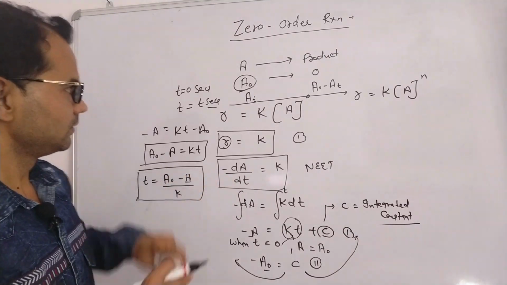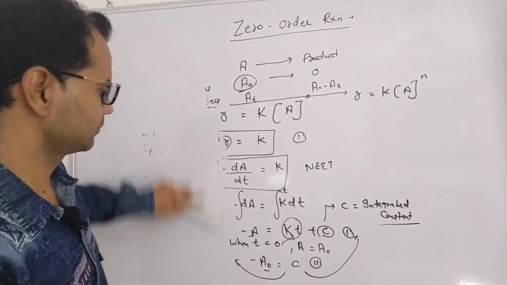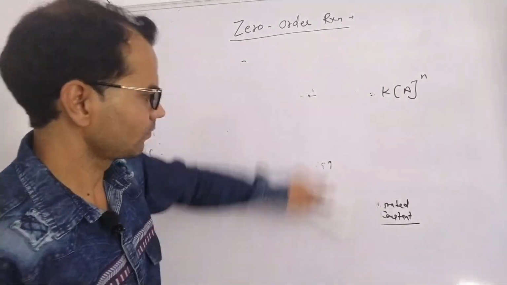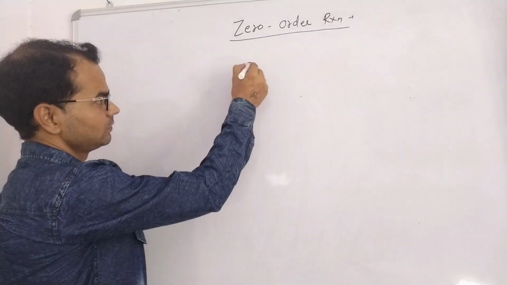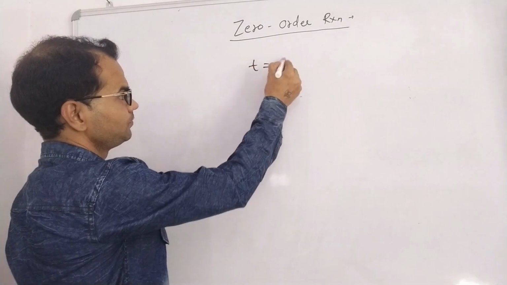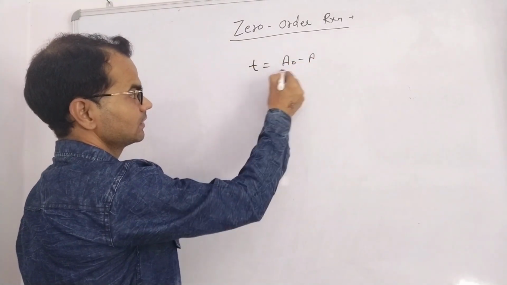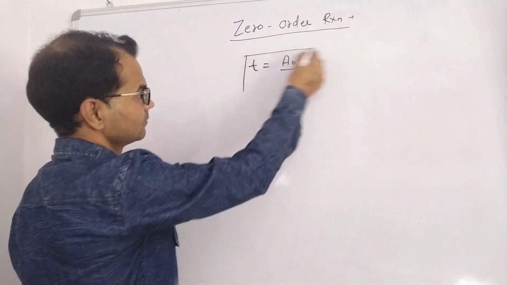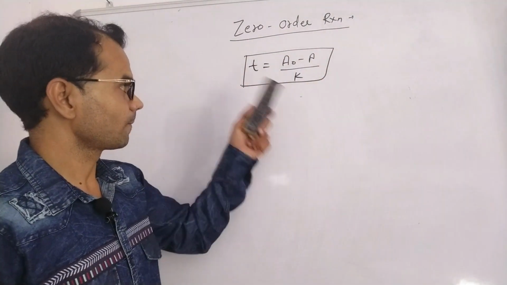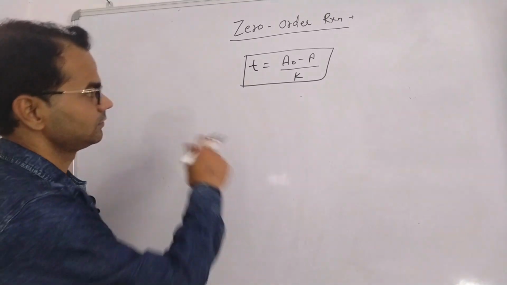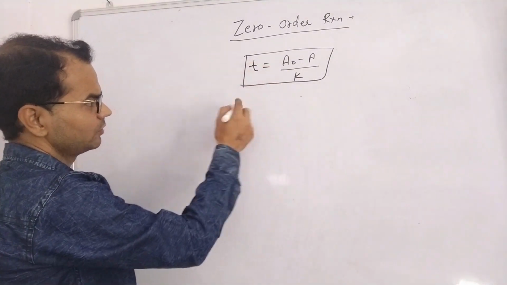Easy. Next, we have conclusion t equal to A0 minus A divided by K. Easy. If I have to plot a graph, I can rewrite the equation again.